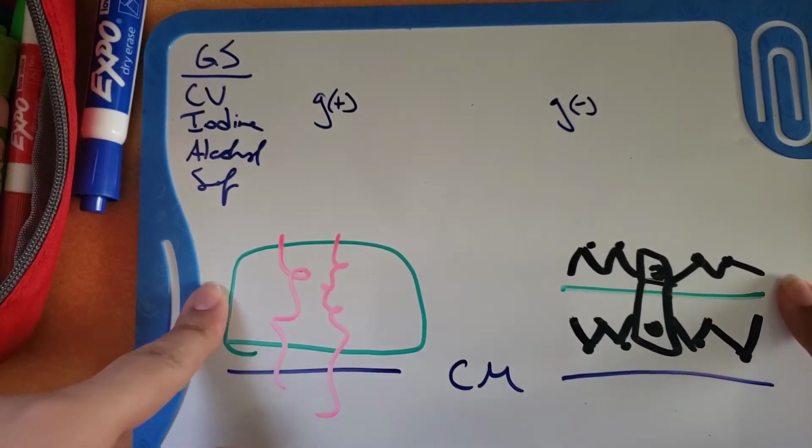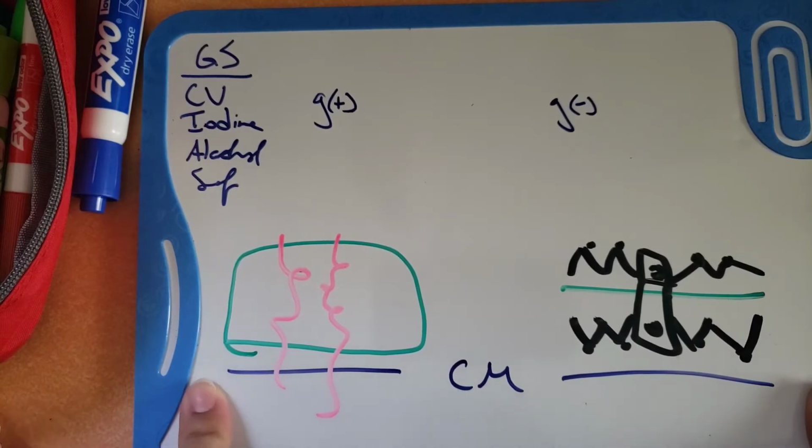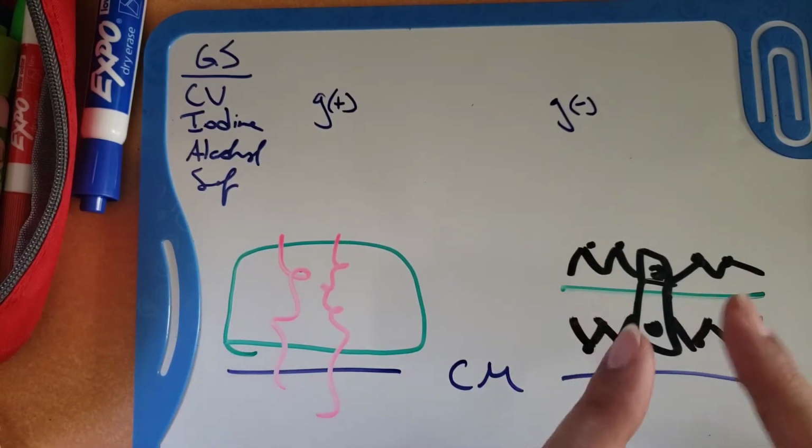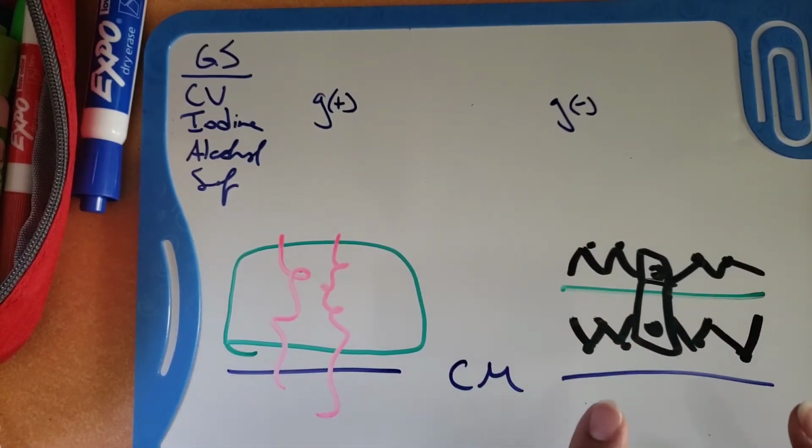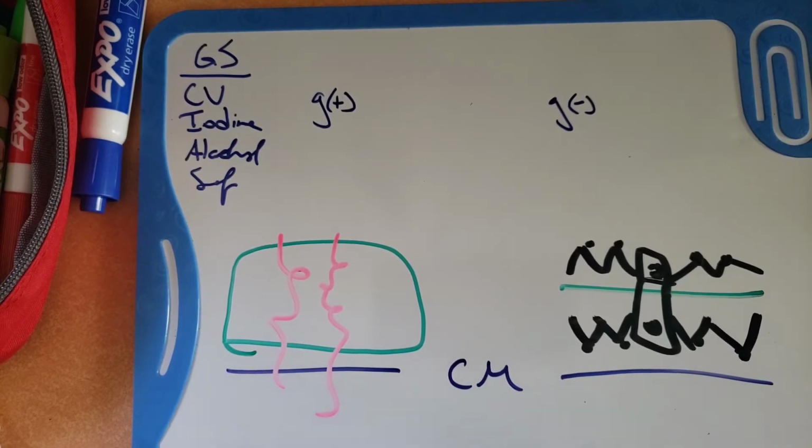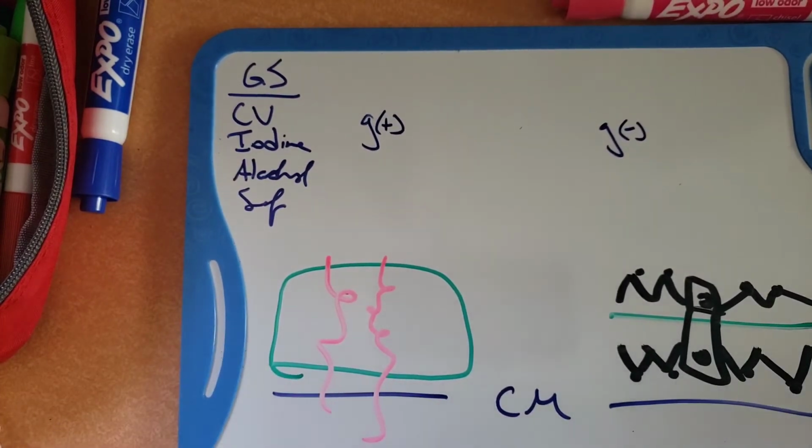They both have a cell wall. The only difference with gram negative is that they have a lipopolysaccharide layer that gram positive does not.